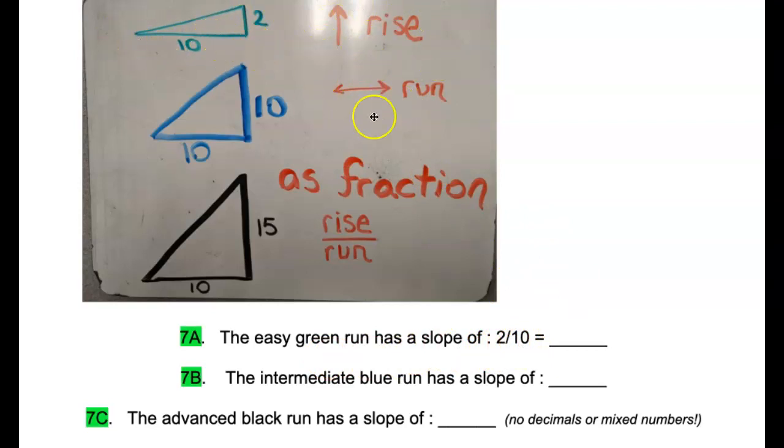So I got you like a little cheat sheet over here. So we put that as a fraction, 2 over 10. Go ahead and reduce that. Then calculate the slope of the blue run. And calculate the advanced black diamond run slope. Rise over run. You may not use decimals or mixed numbers, so give it to me in a fraction.